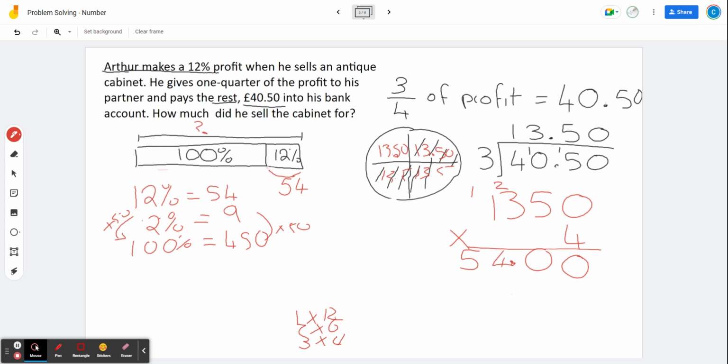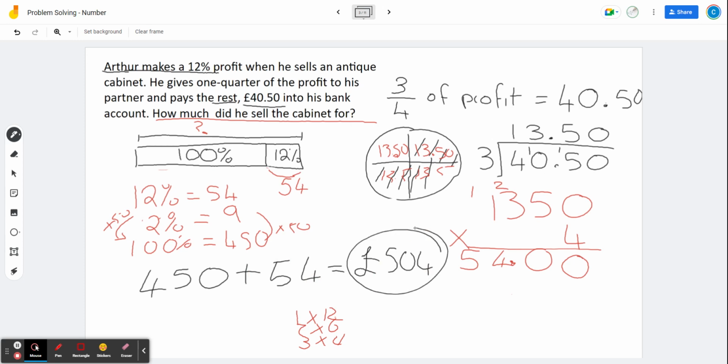So that is the 100%, but don't forget it says how much did he sell the cabinet for. The final part of this question is that he sold it for £450 plus £54, a grand total of £504. Well done if you got that right.